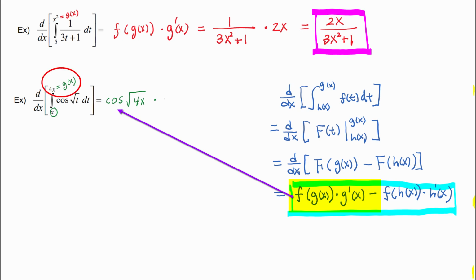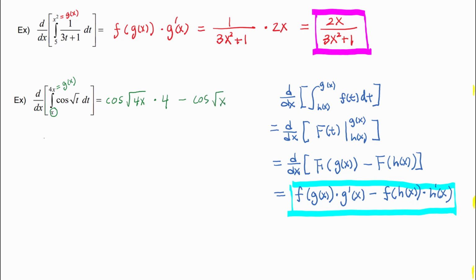And because g of x is 4x, g prime is 4, minus, and then I'm going to get f of x. Because my lower limit is just x, it is not a function, it's just an x. So you're just going to get regular little f of x, which is cosine radical x.